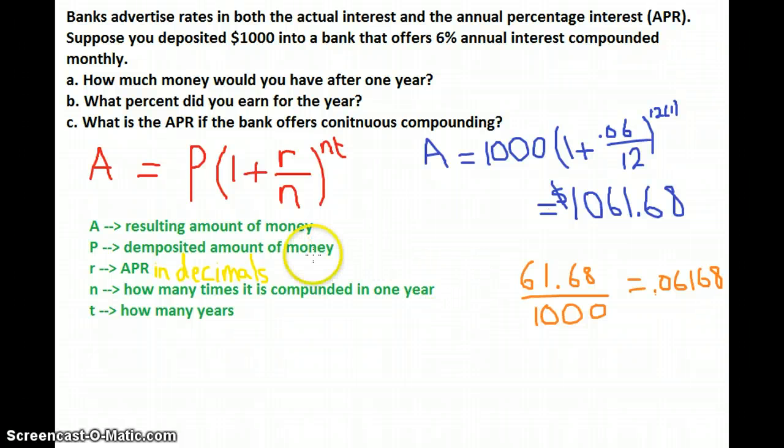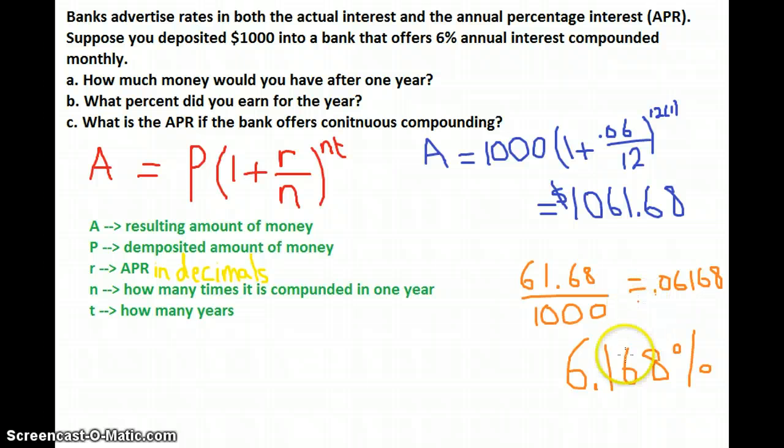See, I changed percent to decimals to be able to solve for A. Now I need to go back because the question said, what percent did you earn? So I need to go back to percentage. To go from 6% to 0.06, we agreed that we divided by 100. So to go back from 0.06168 to percentage, I need to multiply by 100, and I get 6.168%, right?